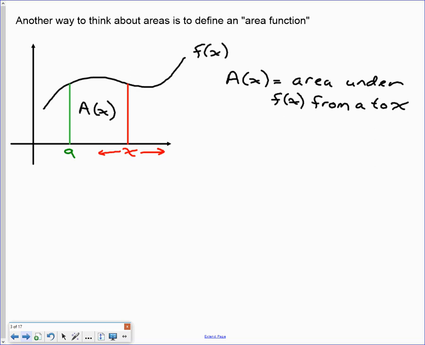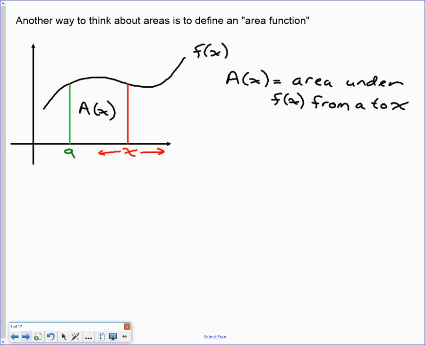And A as a function of x just represents the area under this curve, f at x, from a to x. And x is just some value over here. We can move it, we can make it larger, we can make it smaller. And as we change the value of x, that red line is going to shift either left or right, and it's going to change the value of A at x, the area under the curve.